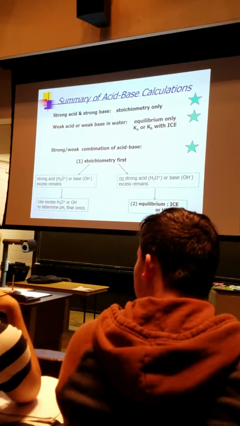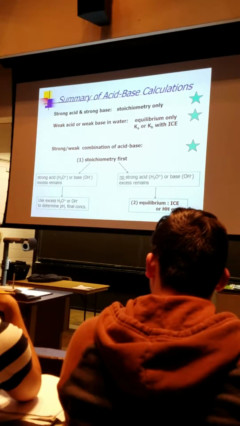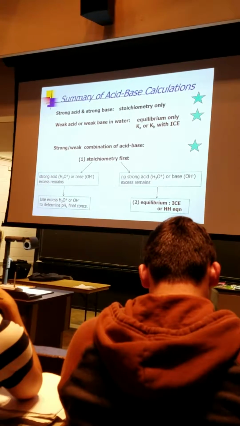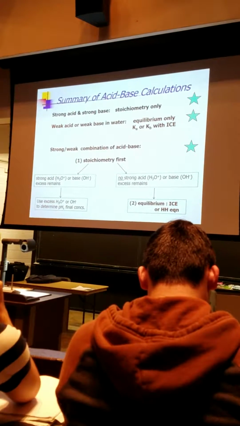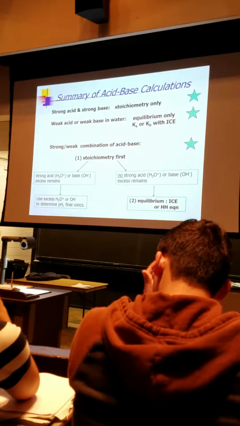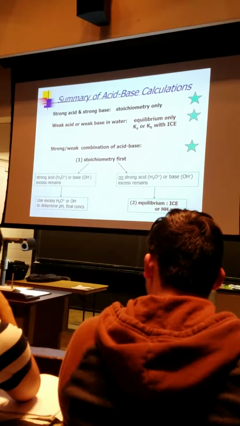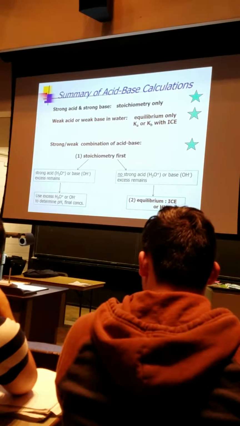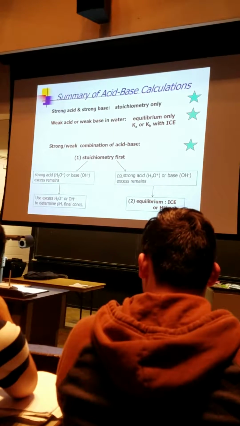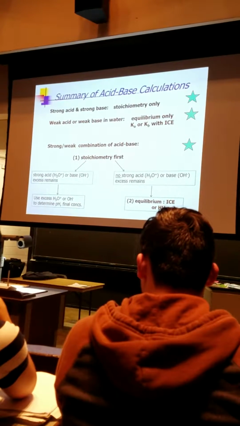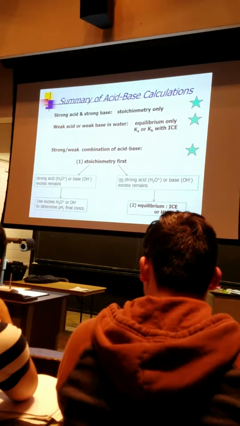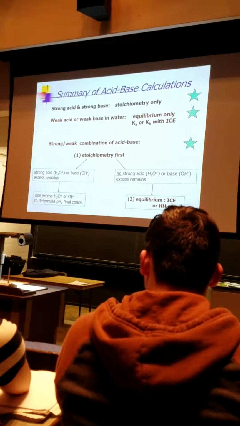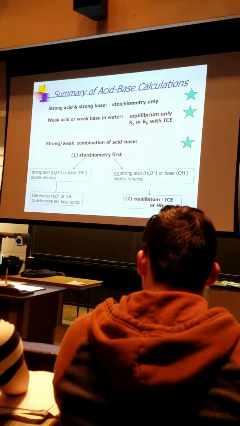I did a couple of problems like that before. You're going to end up, and I'll do one today, with a weak acid and a conjugate base. And whenever you have a weak acid and conjugate base, you do a second calculation. Because it's a buffer solution, you use the Henderson-Hasselbalch equation. Or you can set up the ICE table again and use the small x approximation. Mathematically, you end up doing the same thing, and you get the same answer. So one scenario is that all your strong acid or base gets reacted because it's limiting, and you end up with weak acid and conjugate base.